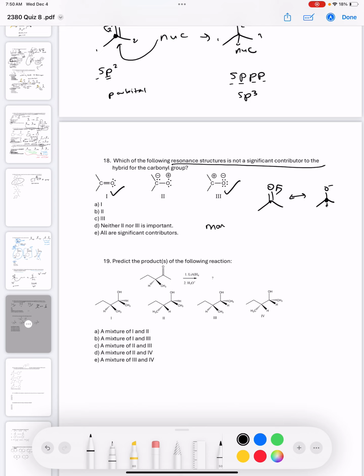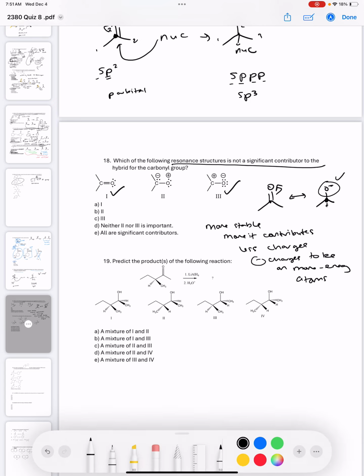The more stable it is, the more it contributes to the overall hybrid. So you want the more stable thing, and that means the fewer charges the better, and for the charges to be on more electronegative atoms. So oxygen is more electronegative than carbon, so the negative charge being on the electronegative atom, that's good.